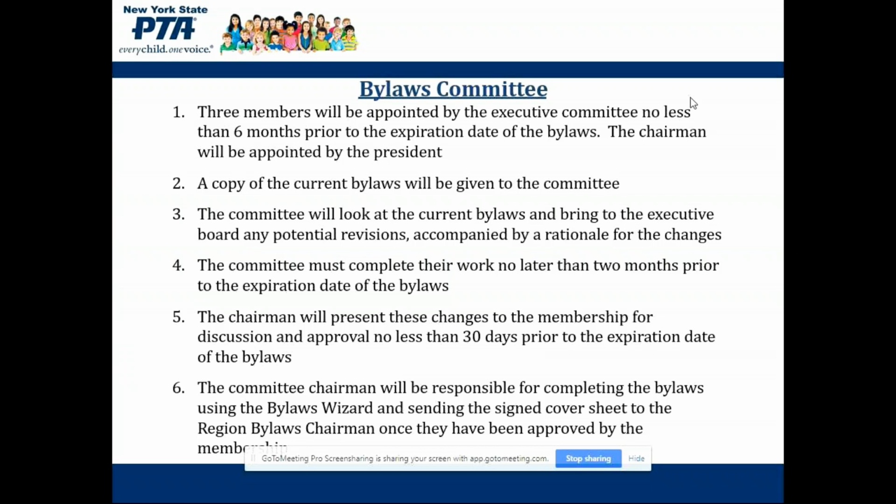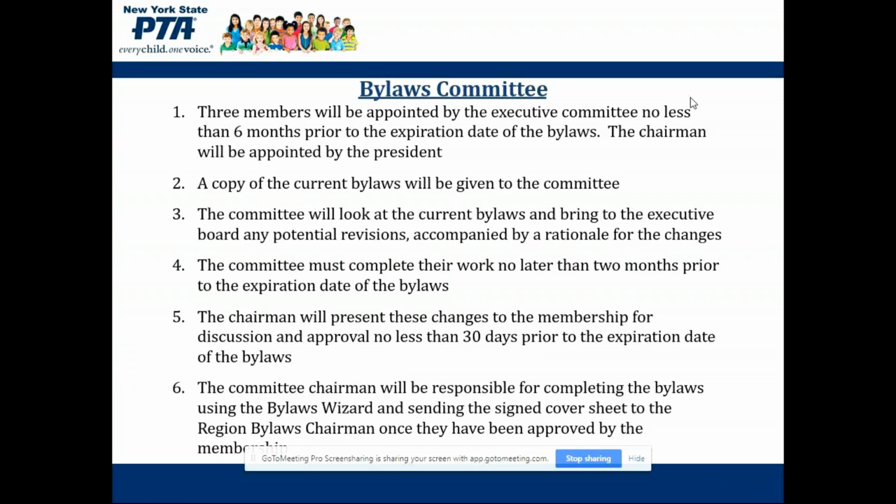So this is just fleshing out a lot of the questions we asked on the previous page, but it's showing you that by having all of this in writing, it's clear, it's concise, it tells exactly what needs to be done, when it needs to be done, when it needs to be finished, when it's going to be presented, and lastly, who's going to be responsible for inputting this information into what we call the bylaws wizard, which is where your bylaws are set up when you go to put them in or renew them or amend them.